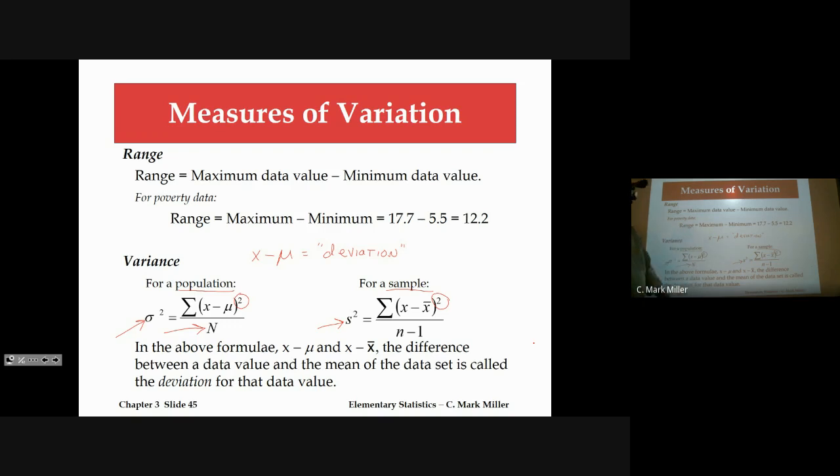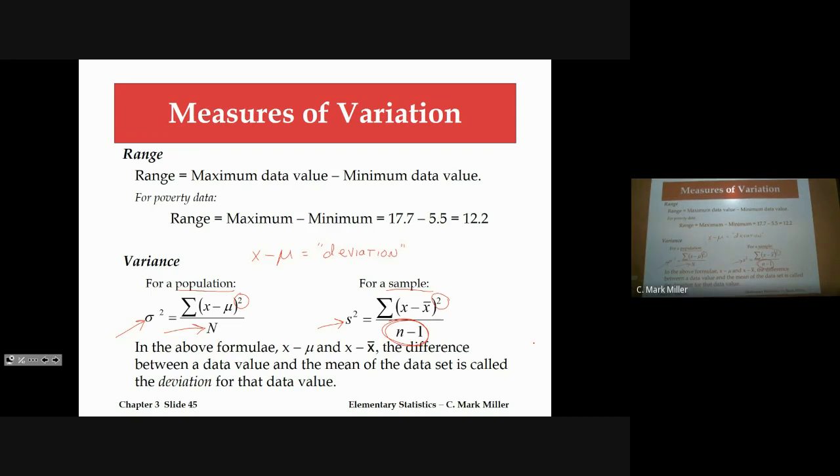For a sample, you divide by, this is the big one, the sample size minus 1. Not n, but n minus 1. So that's a little bit different. The formula is a little bit different for sample variance than it is for population variance.